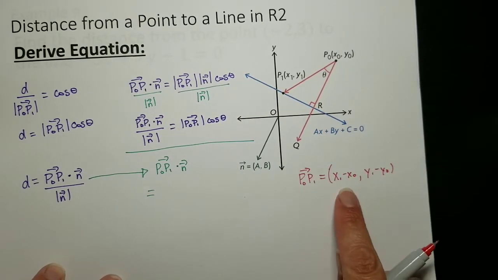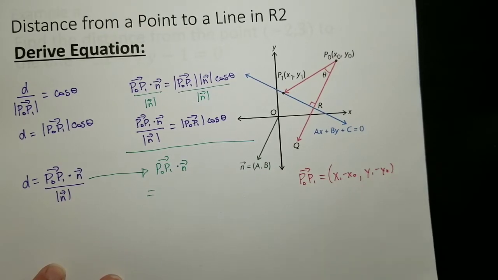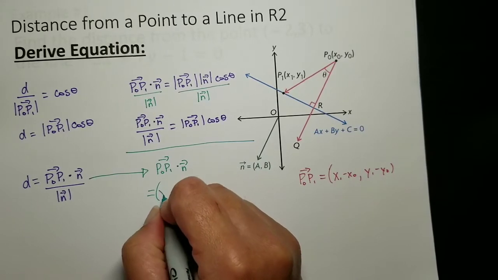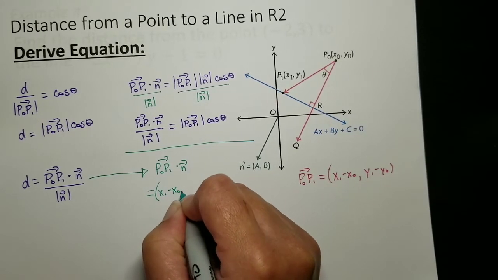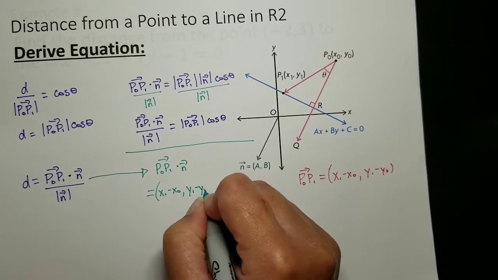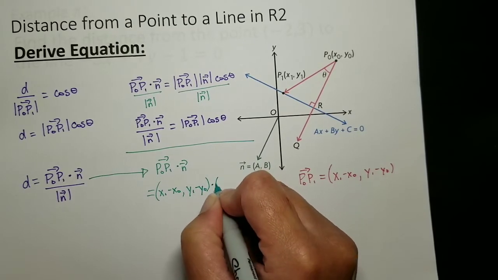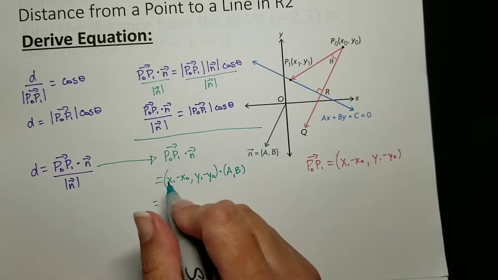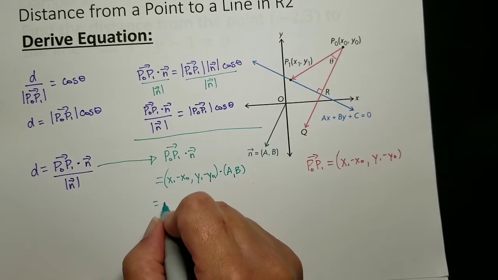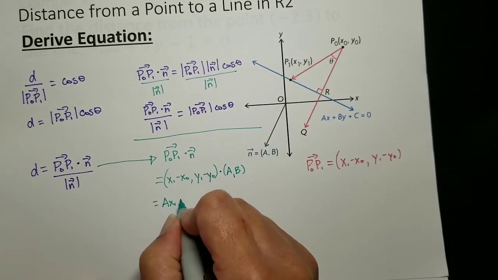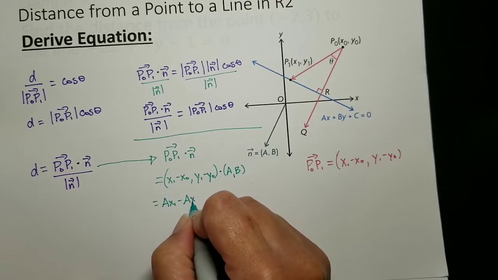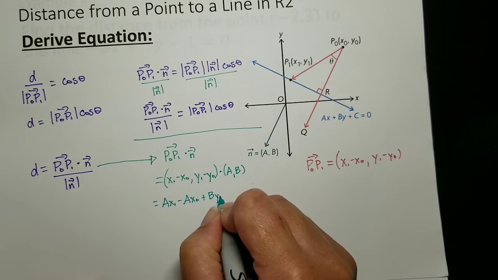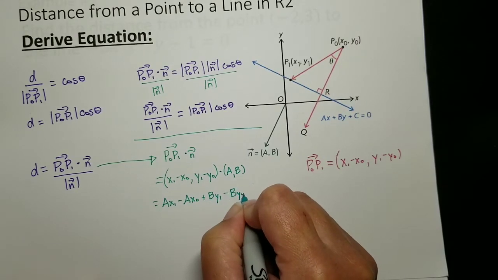That's just using the endpoint minus the starting point. So I can do the dot product of that with the normal vector, which is (a, b). So then I get ax1 minus ax0 plus by1 minus by0.